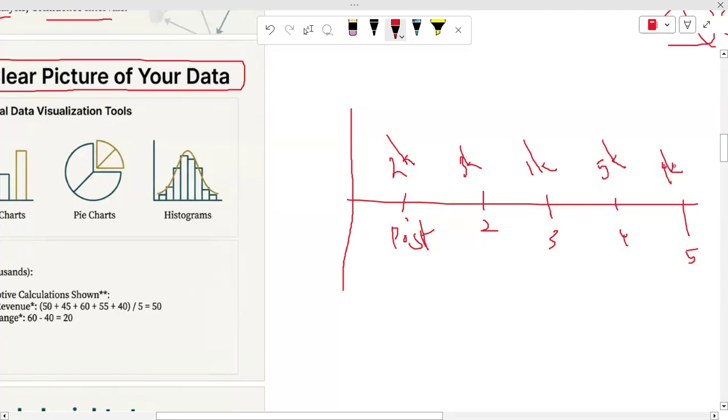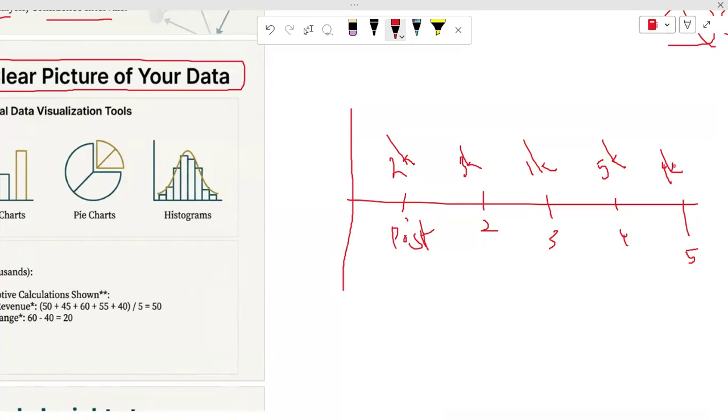Can you tell me, on average, how many likes you receive? How do you find the average, the mean likes? Anyone? On average, how many likes for your post?